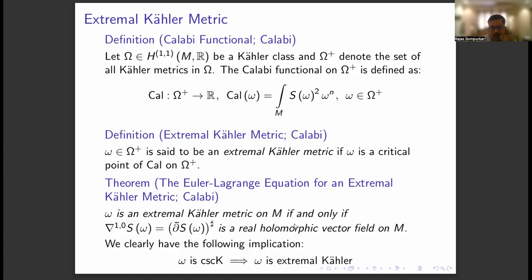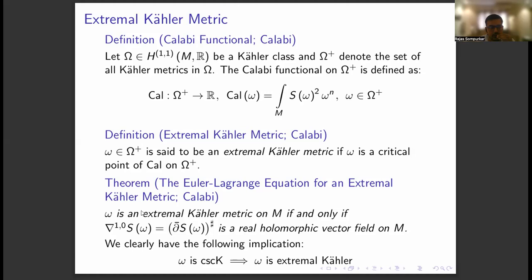In that way, the T10M and TM can be canonically identified with each other. So if we take a real vector field, we look at its corresponding 1 comma 0 vector field, and if that is a holomorphic vector field, meaning del bar of that is 0, then this real vector field is called a real holomorphic vector field.